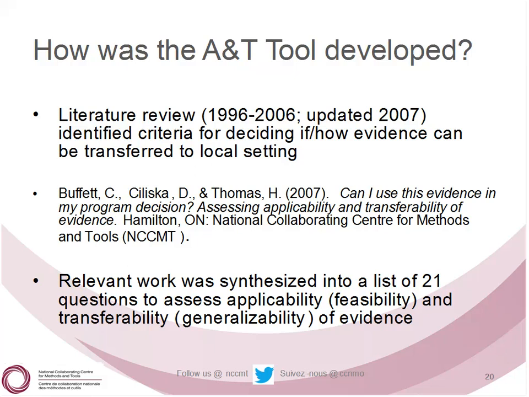One of the key references in that paper is by Wang and colleagues from 2006, where they had identified some of the criteria that we then went on to develop questions that related to those criteria and tried to get that all in a one-page set of questions with some information about how to actually use it.